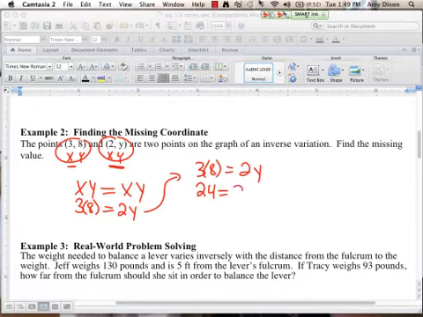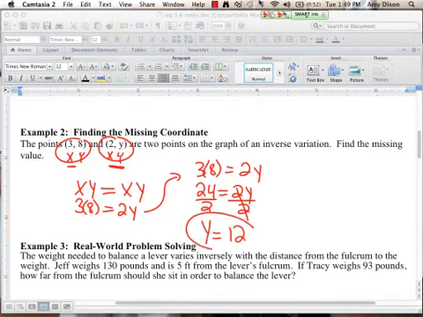So 24 equals 2y. Basically, we're just solving an equation. Now we divide both sides by 2, and so we get y equals 12. So this is our missing coordinate, which is 12. That's how you would find the missing coordinate of an inverse variation, if both points are from the same inverse variation.